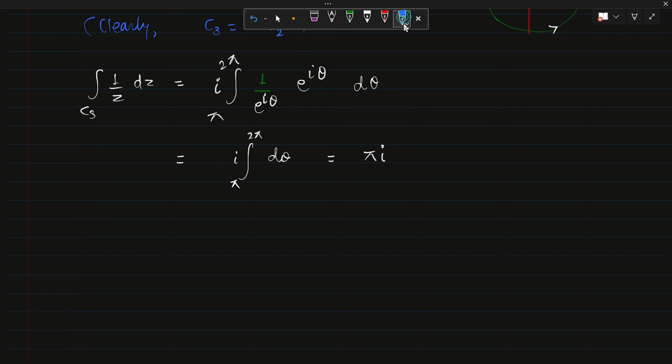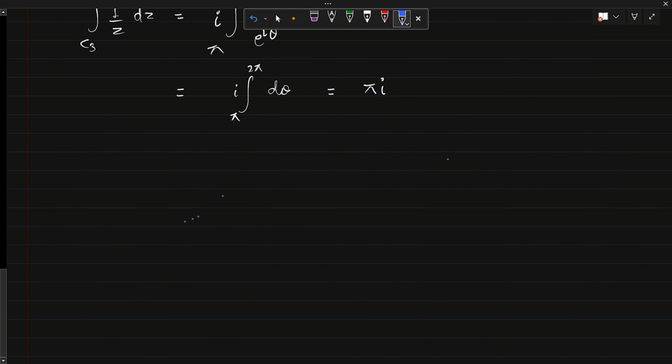Now we know the property about the negation of integral.